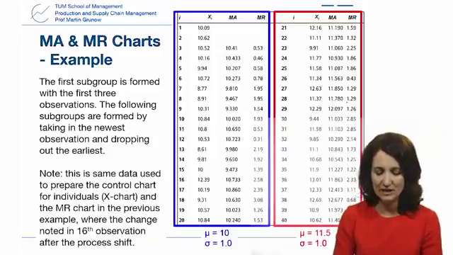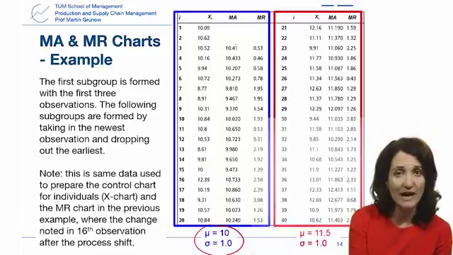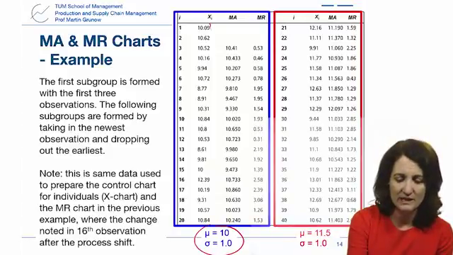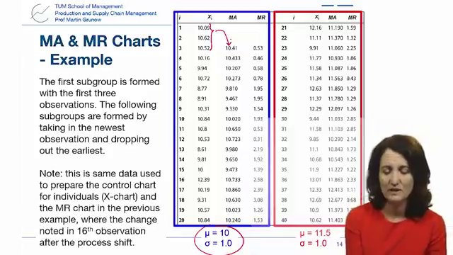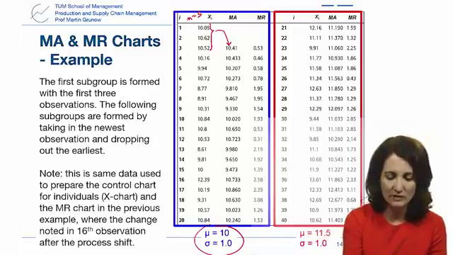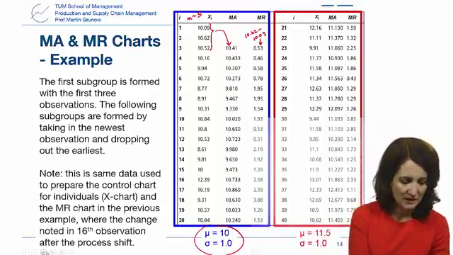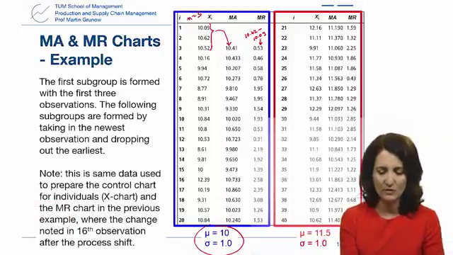Now what we can see here, the first 3 values give us this moving average value. We take these 3 values and calculate a moving average, add them together, divide by 3. So here we have n equals 3. And the moving range, well, we have here 10.62 minus 10.09 to get a moving range for those first 3 values equal to 0.53.